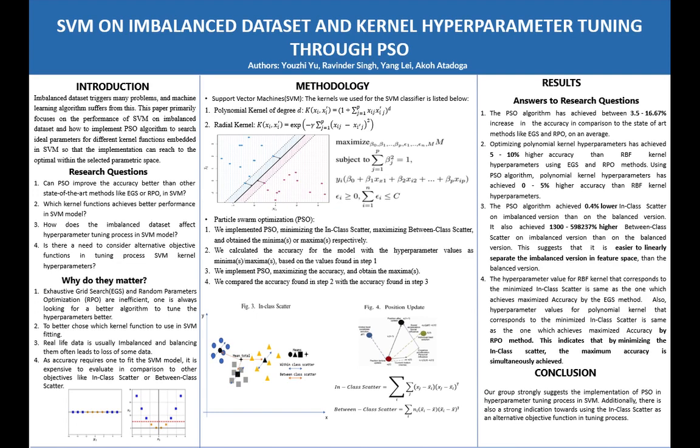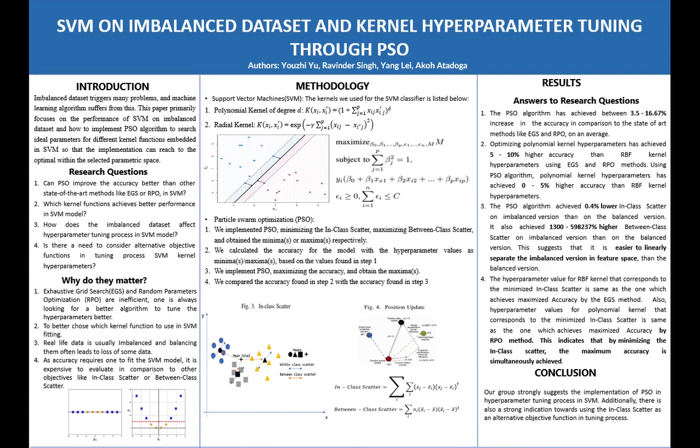Also, the hyperparameter values for the polynomial kernel that correspond to the minimized in-class scatter objective function are the same as the ones that achieve maximum accuracy by the random parameter optimization method. This indicates that maximum accuracy of the model is obtained by minimizing the in-class scatter objective function.